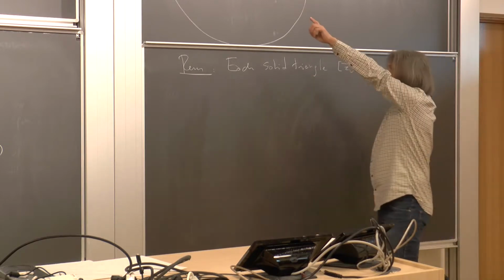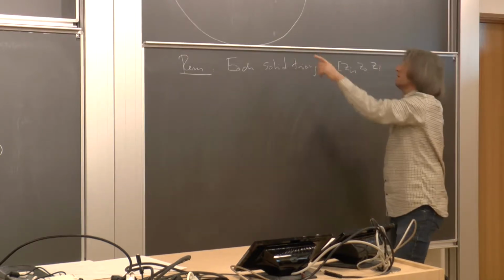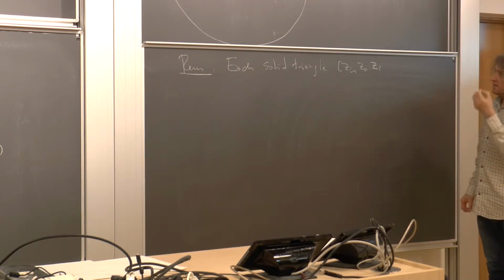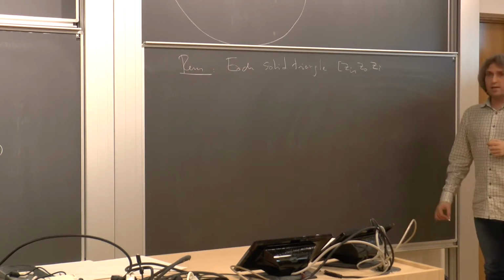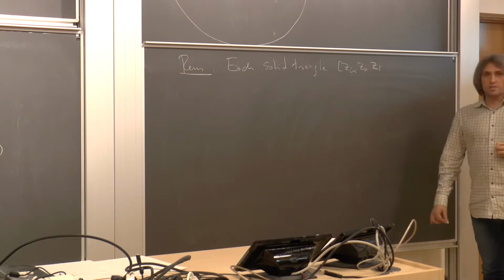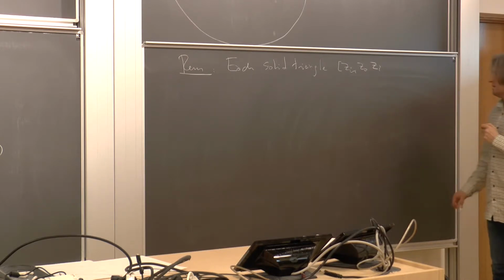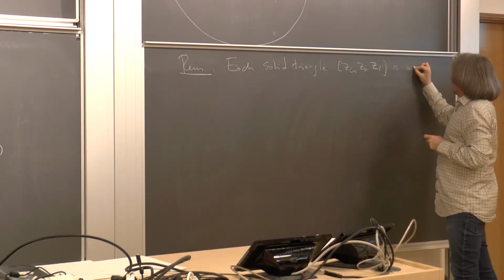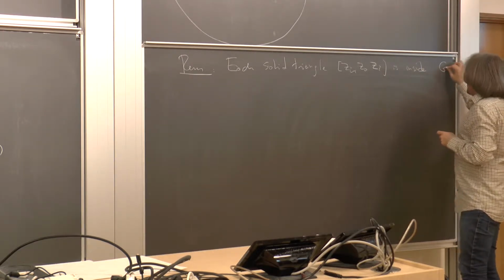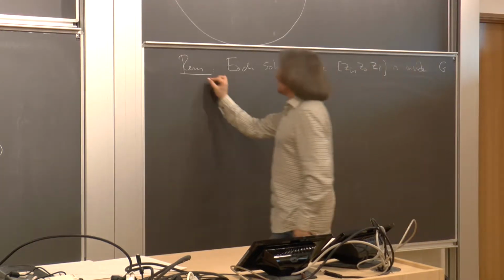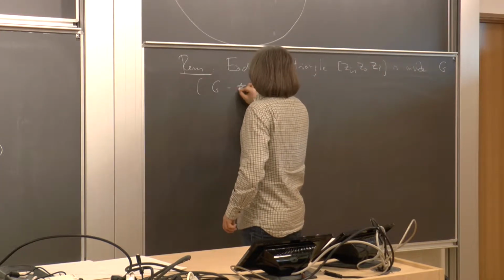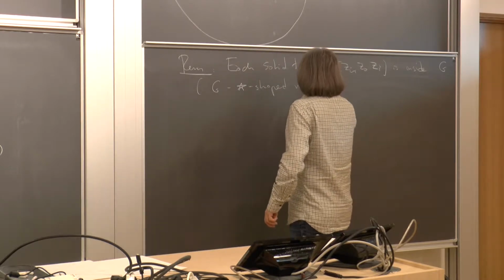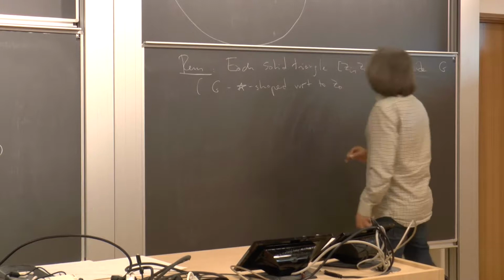So from a point on the curve, we go to the center of this star-shaped area, and then we return to the next point of the curve, and then go back. It is inside G, because G is star-shaped with respect to Z0.